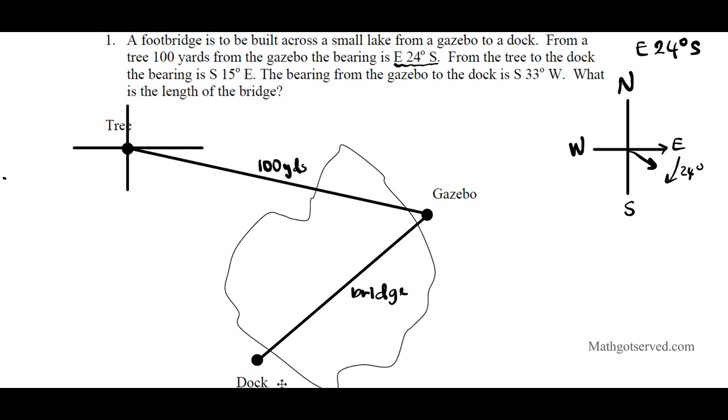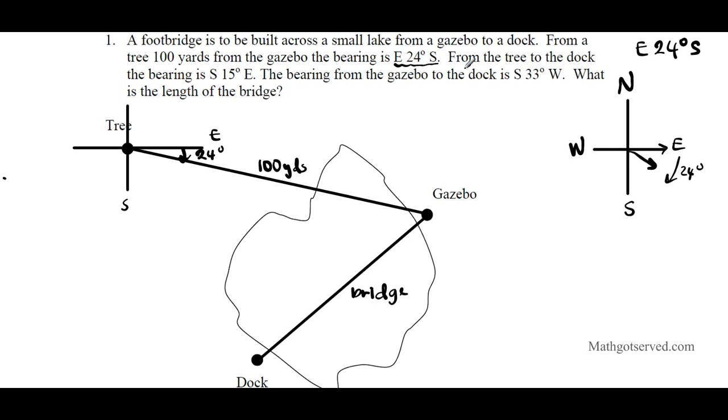Starting from the east, we rotate 24 degrees towards the south. This is the south right here. So this angular rotation is 24 degrees. The gazebo is 24 degrees south of east, starting from the east direction, from the tree. This is 24 degrees south.